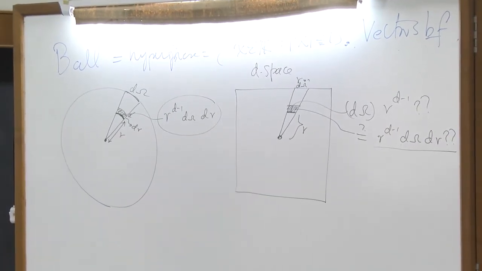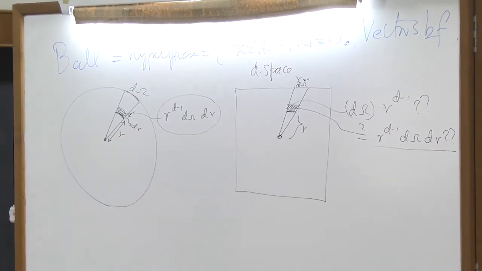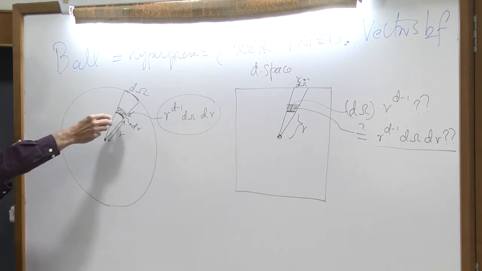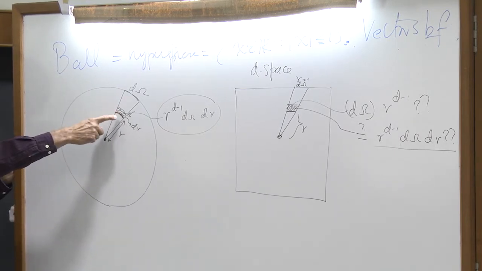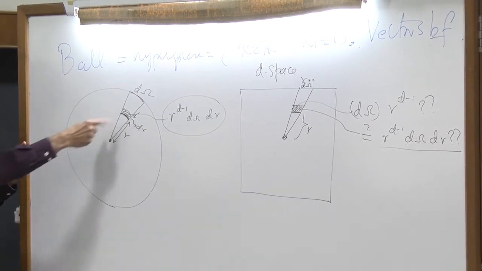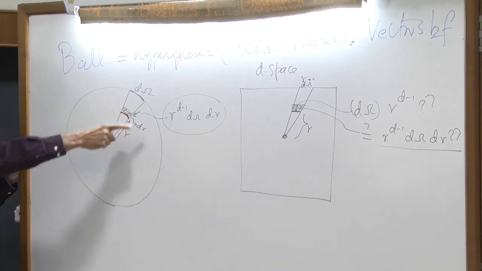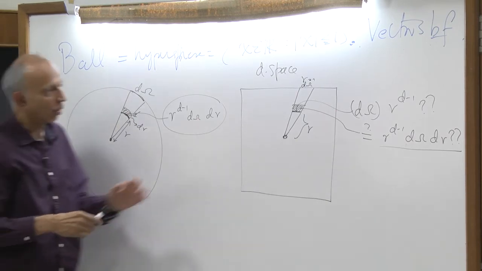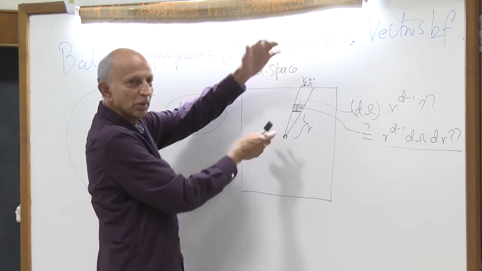Yeah, so the dr. What's the reason this is true? The dr here is orthogonal to the surface. Not so there, right? So in 2 and 3 dimensions, we are familiar with this.